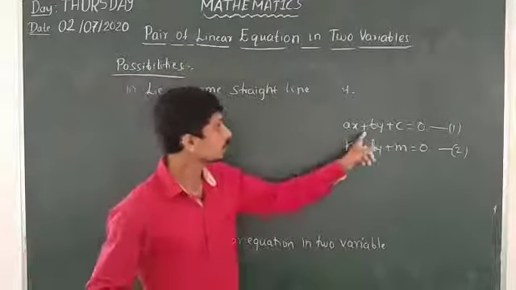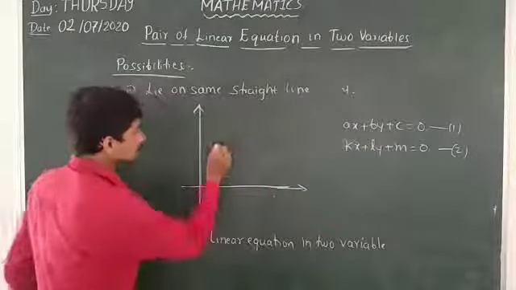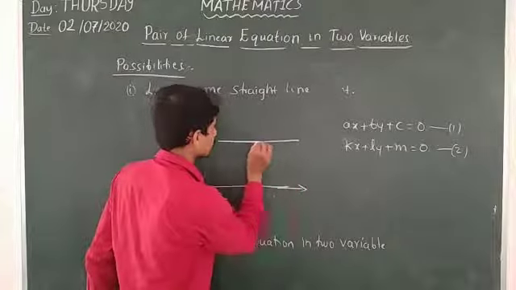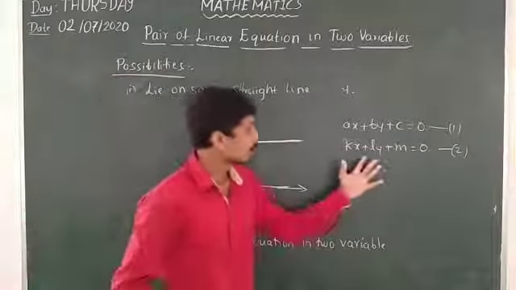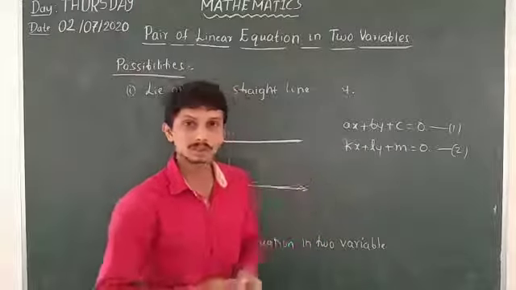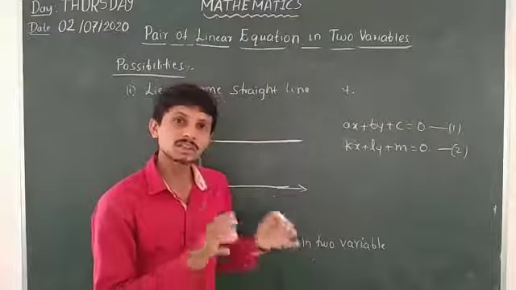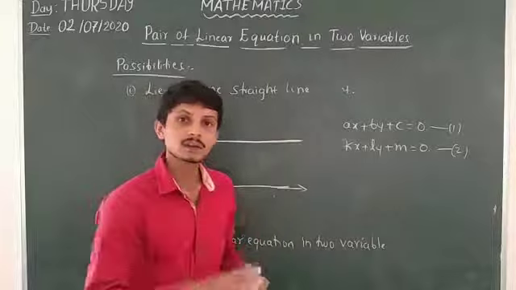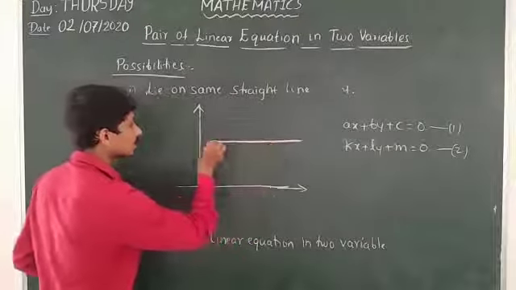For the first equation I got this straight line. Again I will take equation 2 and find all its solutions, represent them on the coordinate system, and join all the points. So the straight line is like this.